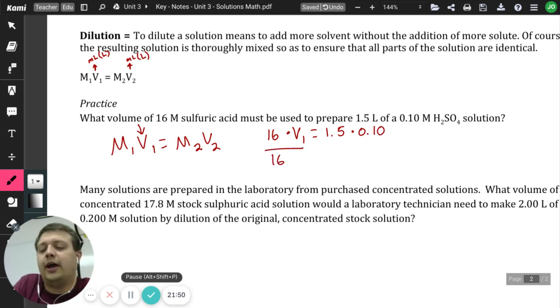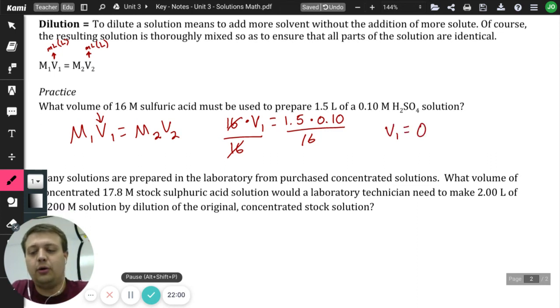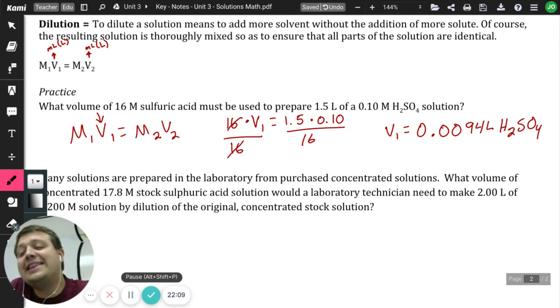I'm going to divide both sides by 16, and what we're going to find is that our volume 1 equals 0.0094 liters of H2SO4. So to make that solution, I need to add this small amount of H2SO4, and that would prepare 1.5 liters of that solution.